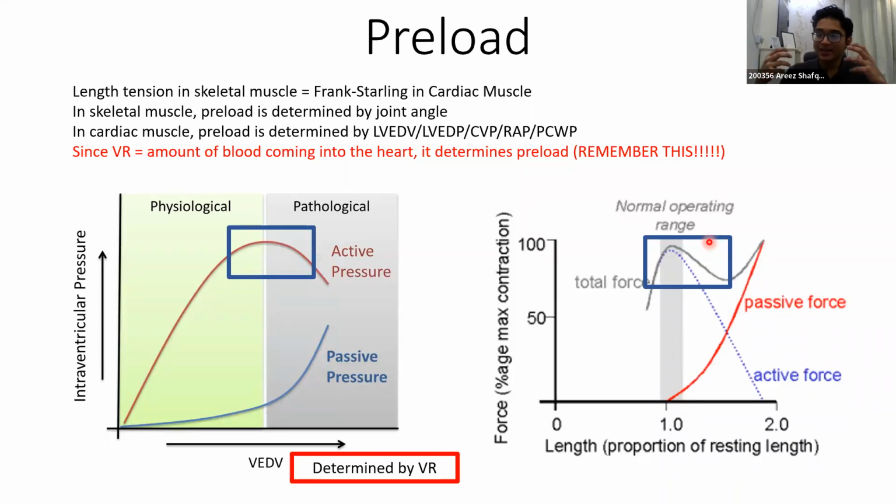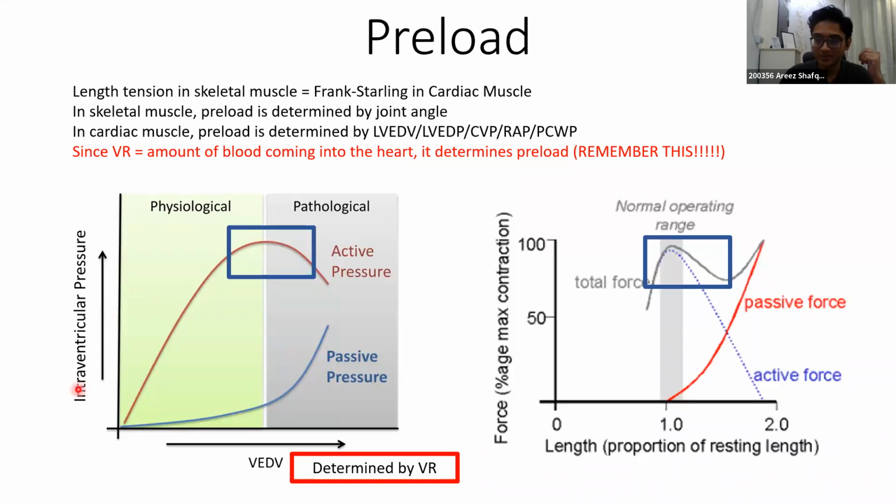So the stretch on the heart is determined by the amount of fluid inside the heart. If more fluid comes into the heart, it will stretch more, it will contract more, okay? And this is the same relationship. The length tension relationship in the heart is called Frank-Starling. It's the same relationship that if you look here, the volume inside the heart at the end of diastole, as it increases, the heart will stretch, the ventricle will stretch, it will contract to generate a greater force, okay?